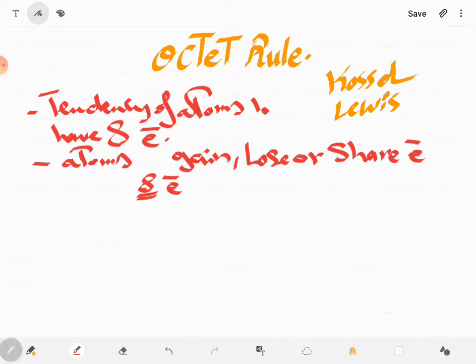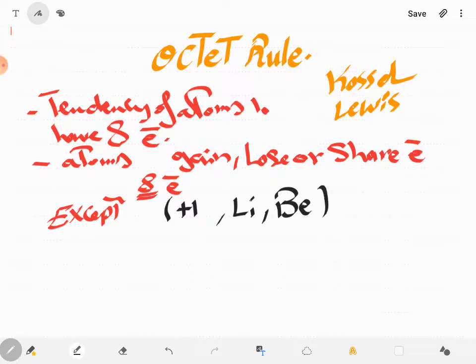All atoms? No, except hydrogen, lithium, beryllium. Why? Of course, we know hydrogen just has 1 electron. Lithium, atomic number 3, so its outermost shell has 1.